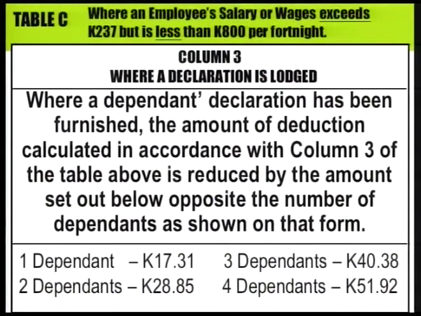Okay, at the bottom of where it says column 1, column 2, and column 3, it says dependent, 1 dependent, 17 kina, 31 toya, 2 dependents. That's not text. You have to understand what the table is saying.